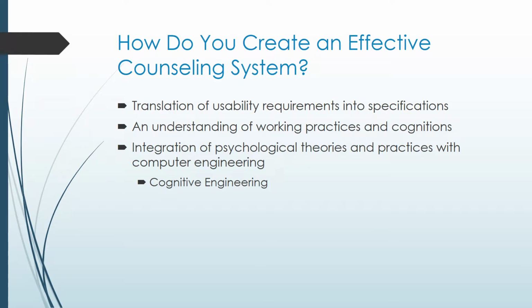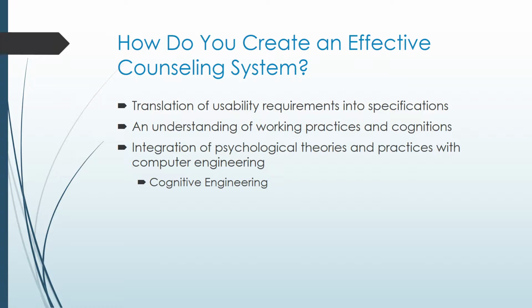So how do you create an effective counseling system? Really, you need to be able to translate usability requirements into specifications, and this is basically when you gather user requirements from the actual clinical staff. How do you translate that into actual system specifications?